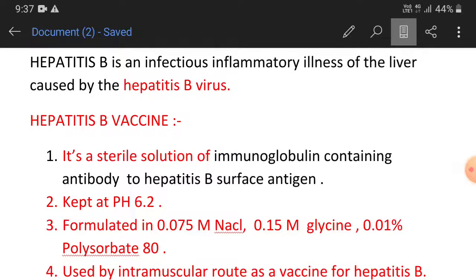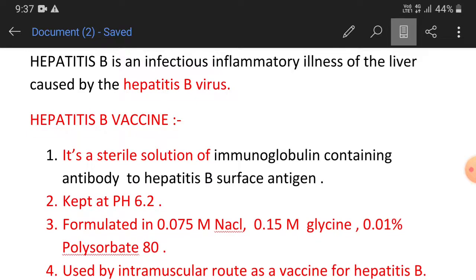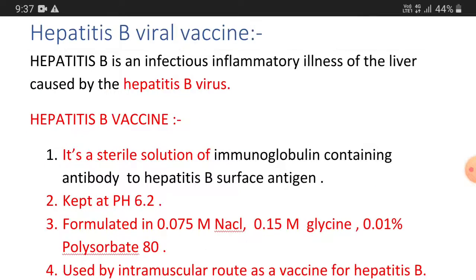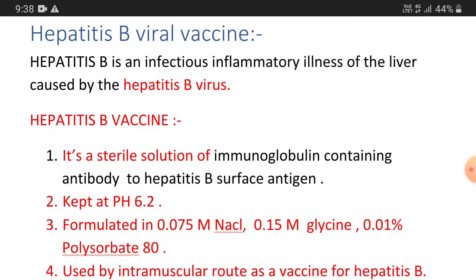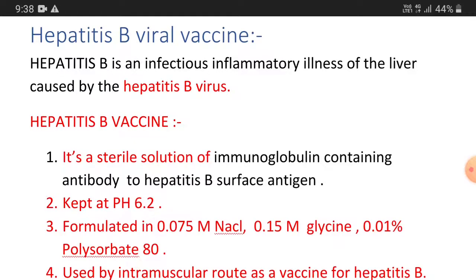vaccine formation. Earlier, we were using just the exact organism as a vaccine and injecting it inside our body after doing some modification in it. This modification is nothing but making it inactive.